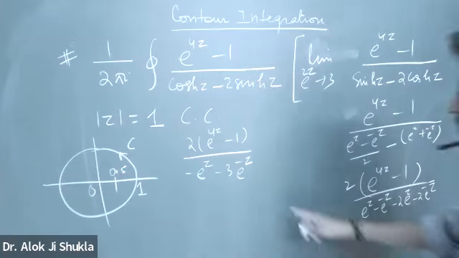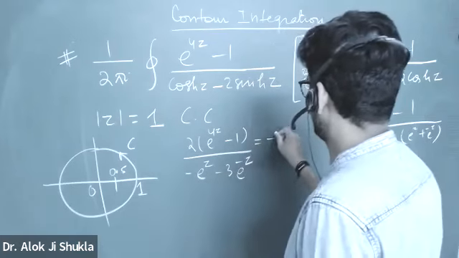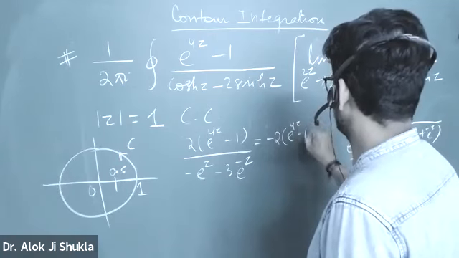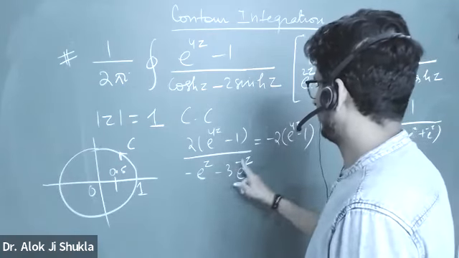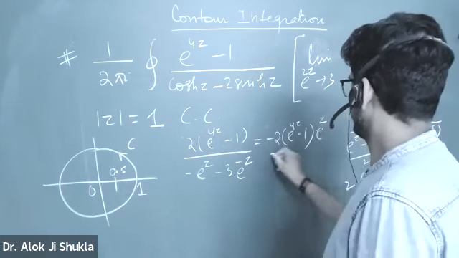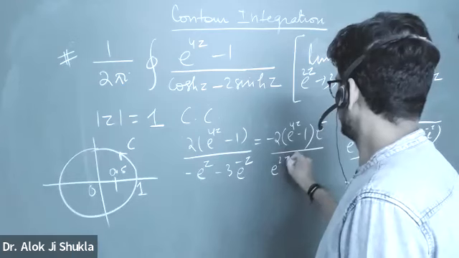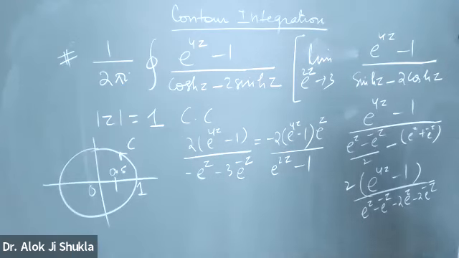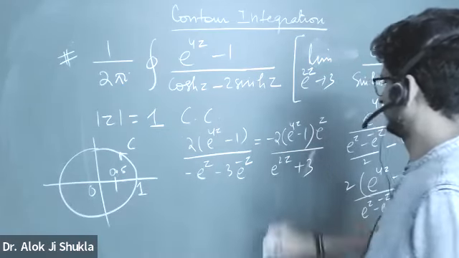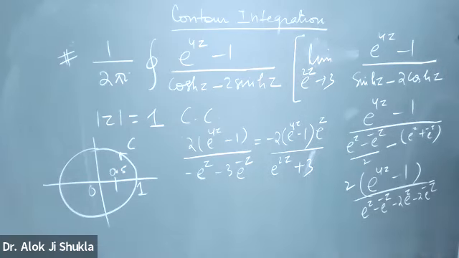And this will become minus 2 e to the power 4z minus 1, and if I take e to the power z, it will become e to the power z upon e to the power 2z minus 1. Is this correct? Minus 3. Yes?